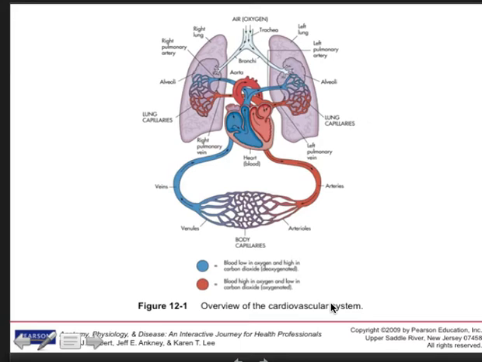And this is just an overview of the circulatory system, and so let's take a walk through the entire system. We'll start at the level of the cells, which are in your body performing their important tasks, and as they do that, they have to get oxygen in order to generate enough ATP from the food that they consume to keep life going.